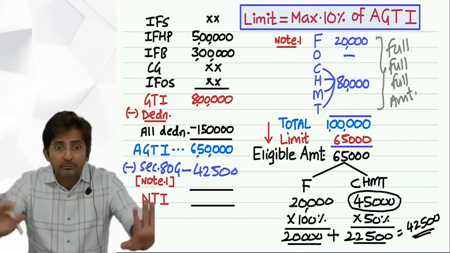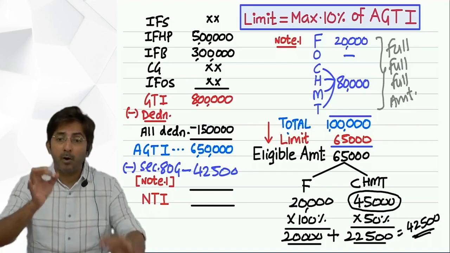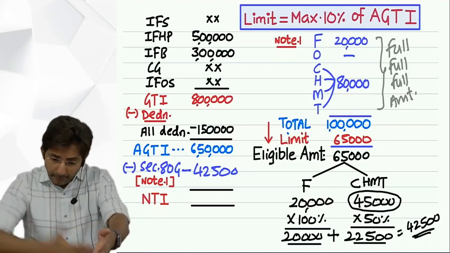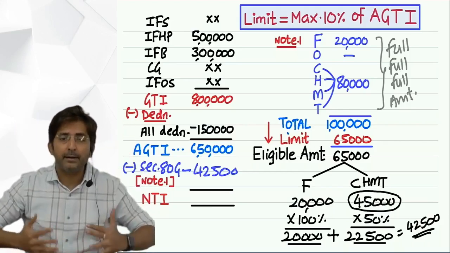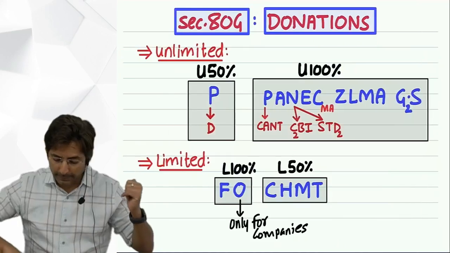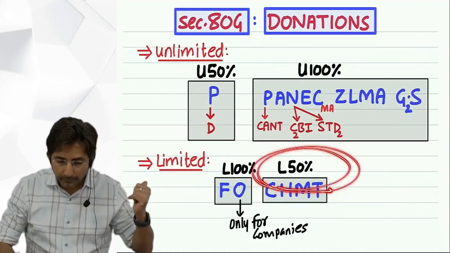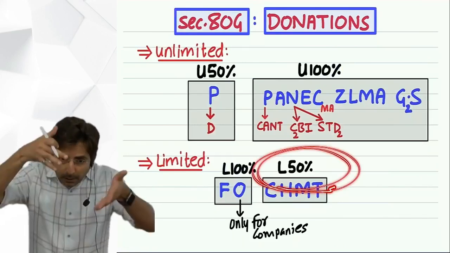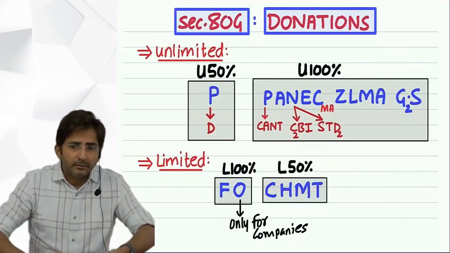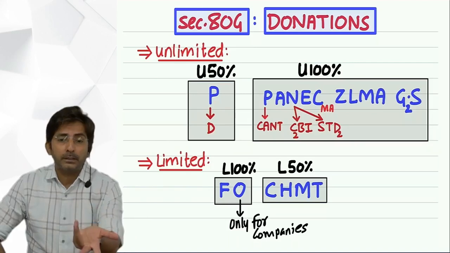That's wrong. First write the amount as it is. Bring it within the limit, and once you are within the limit, then apply 150%. Because when I say L50, it means 50% of the limited amount. So first come within the limit. If you directly apply 50%, you will get it wrong.